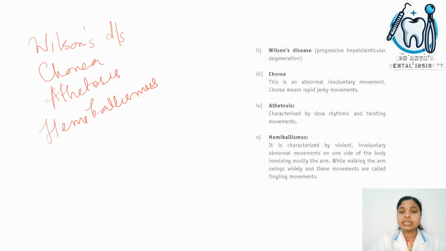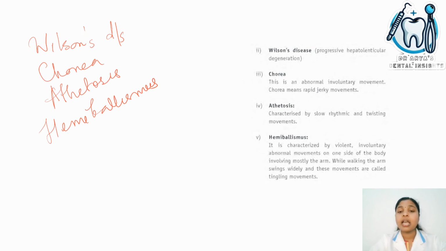So, these are the various movements. First one is Wilson's disease, progressive hepatolenticular degeneration. Chorea is an abnormal involuntary movement, with rapid jerky movements. Athetosis, slow rhythmic and twisting movements. And hemibalismus, violent involuntary abnormal movements on one side of the body involving mostly the arm.